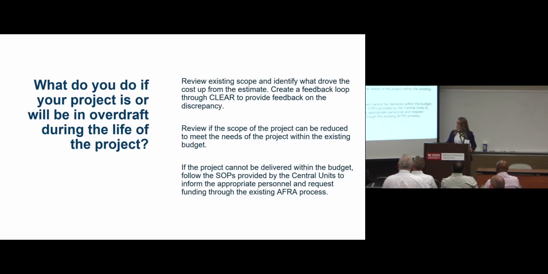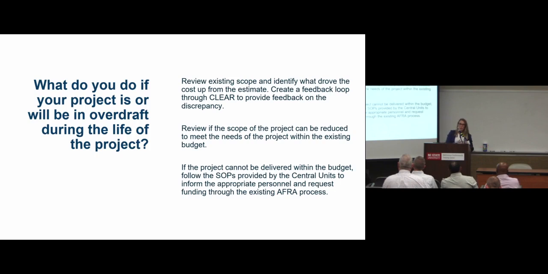One of the things you can do if your project is getting into a situation where you're running out of budget is to look at how you can review the scope of the project. How can it be reduced to meet the needs of the project within the existing budget? Again, following those SOPs and working on really identifying what happened in the budget, why wasn't it enough?